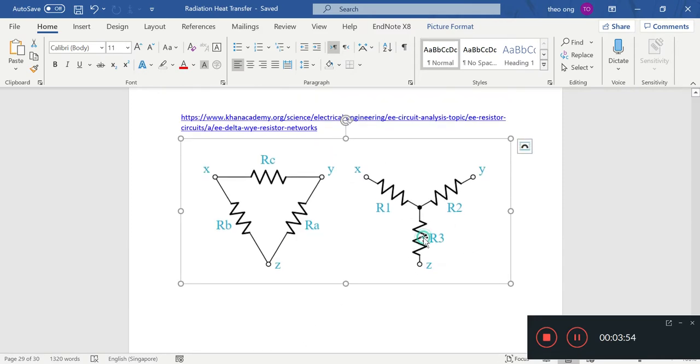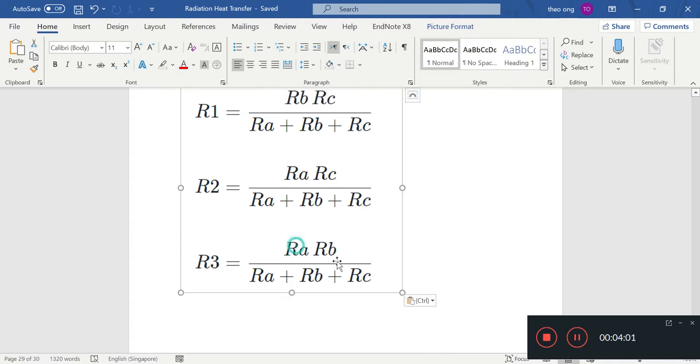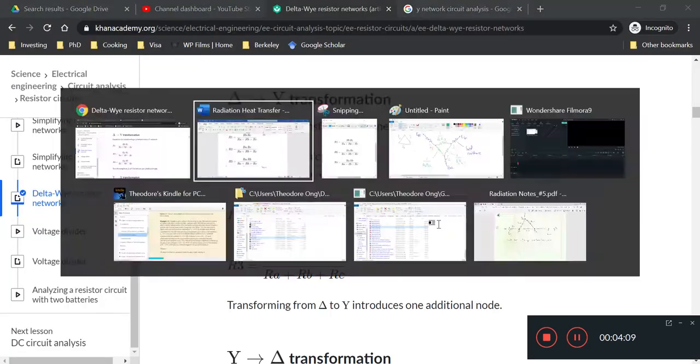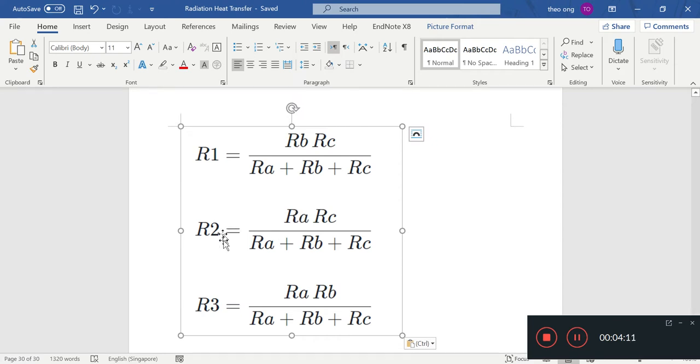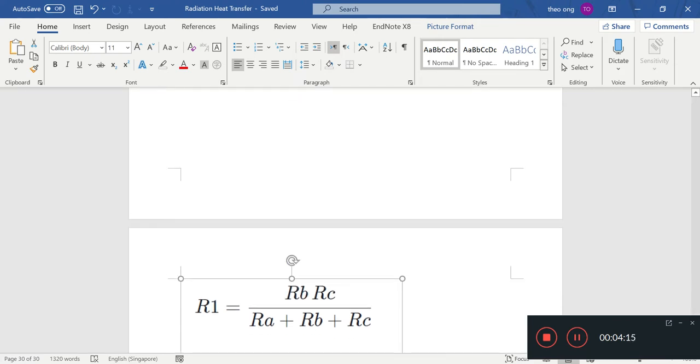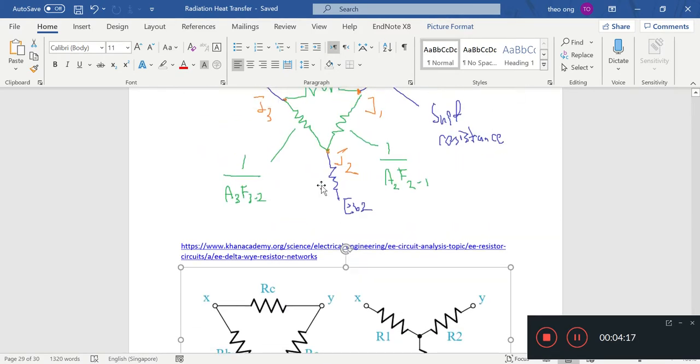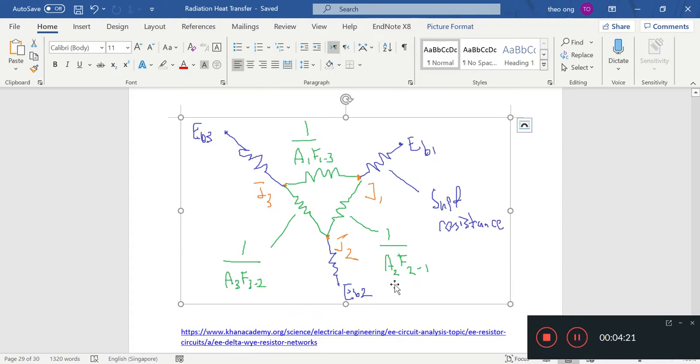Same thing, R3 is equal to RA times RB over the sum of all three resistances, so RA times RB over RA plus RB plus RC. Yep. So same for R2, it is RA times RC over the sum of the three resistances. So we can change this.